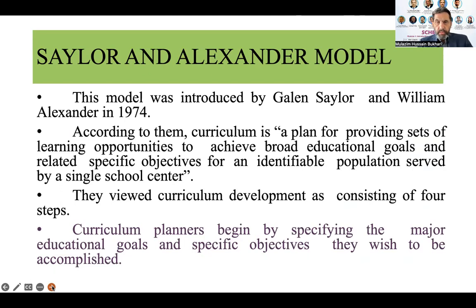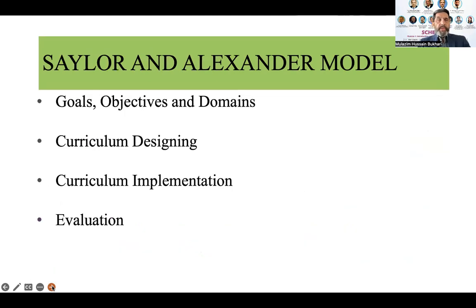Curriculum planners begin by specifying the major educational goals and specific objectives they wish to complete. Goal or objective was the first thing, also in Tyler, setting the goals, setting the objectives. And in the second step, suppose you want to make MBBS students or MD students, basic undergraduate students, you have set the goal.